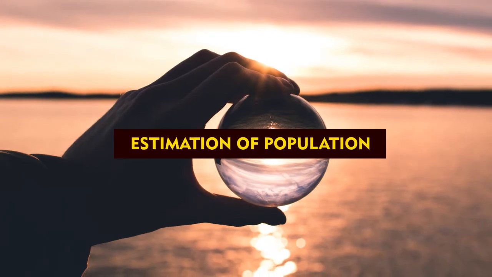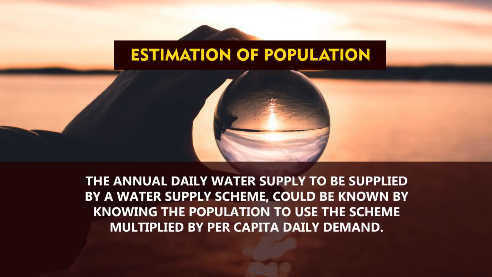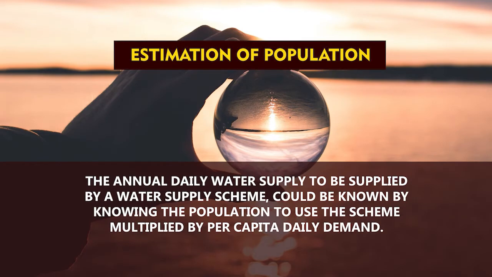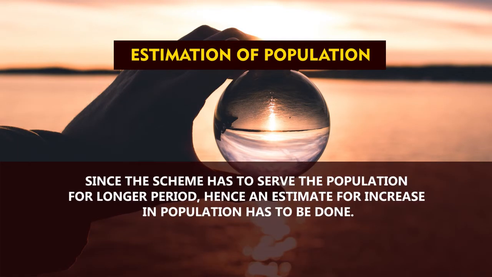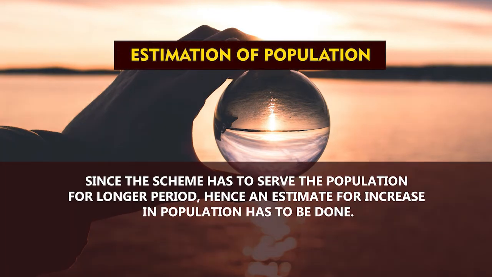Estimation of population. The annual daily water supply to be supplied by a water supply scheme could be known by knowing the population to use the scheme multiplied by the per capita daily demand. Since the scheme has to serve the population for a longer period, an estimate for increase in population has to be done.